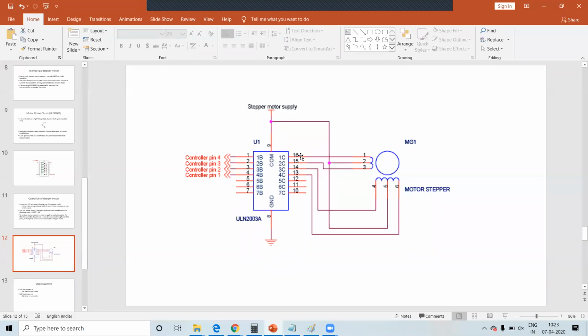The first 2 pins are connected to 1 and 3 of the stepper motor wires. 2 is grounded. The next 2 outputs are connected to 4 and 6. 5 is grounded. So these are the required connections.